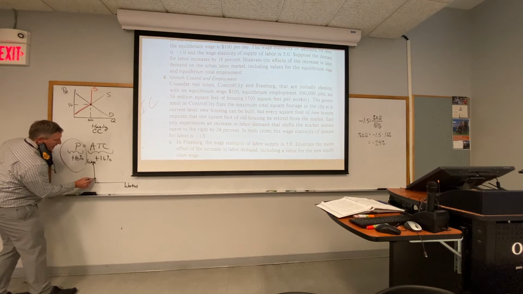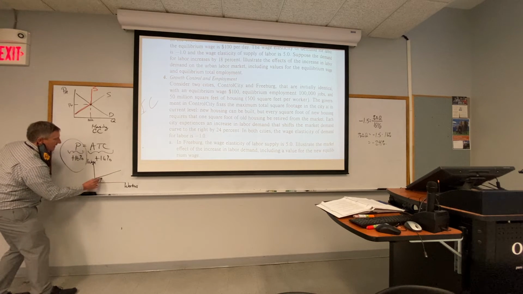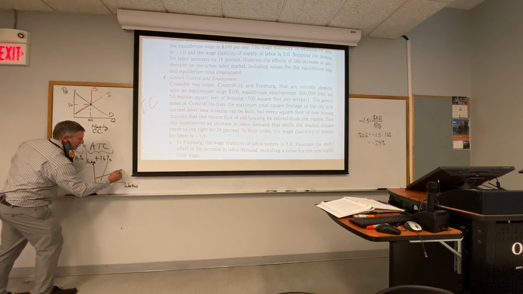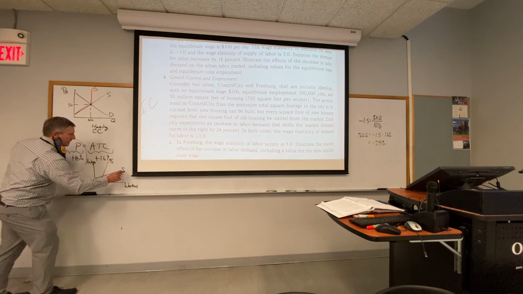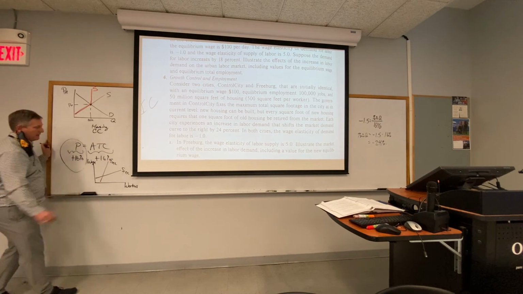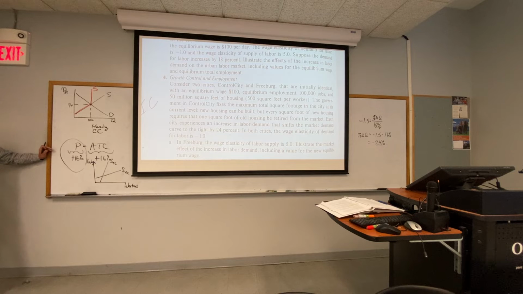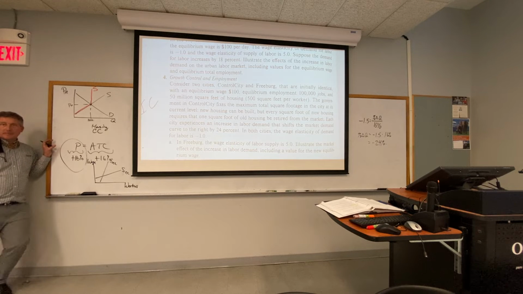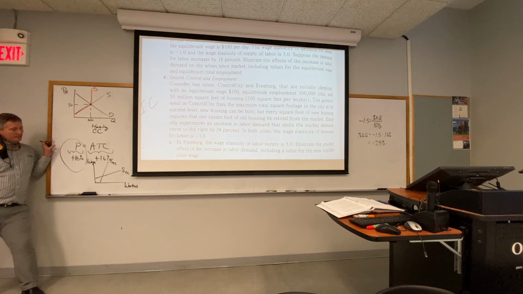And so would it be like this or this is kind of conceptually what we're looking at in Control City. It's gonna be flatter. Why do you say that? Because not as many people are gonna want to deal with the housing prices going up, so the supply's gonna be. So they're not gonna supply as much no matter what the wage is?